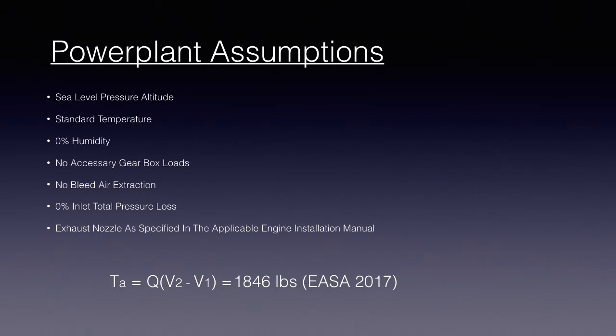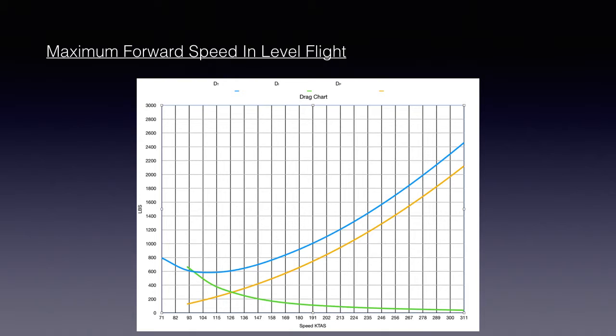So let's look first at the maximum forward speed in level flight. That's one of the selections that I chose. I thought it'd be interesting to see what this aircraft can do with a jet engine on it, assuming that the drag profile stays the same. Here is the drag chart from our aircraft.